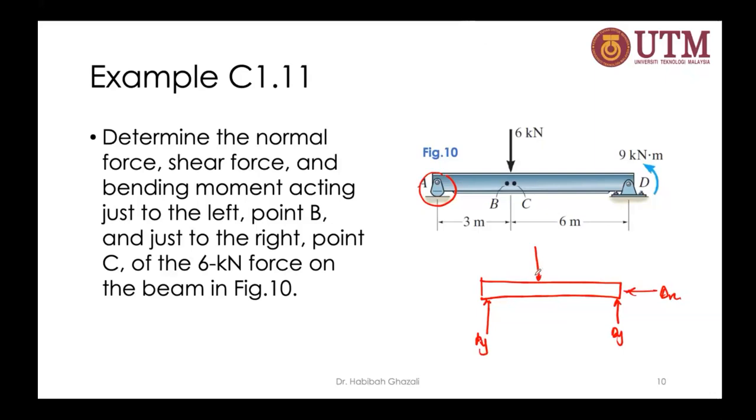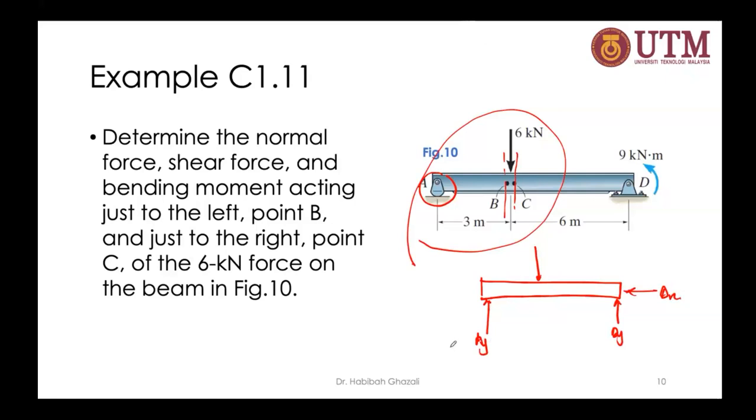You are required to find the internal forces at this point, just to the left of that 6 kilonewton, and just to the right of that 6 kilonewton. Because I only need this section, you can solve for AX, DX, DY, AY, it doesn't matter. You can do that, okay?